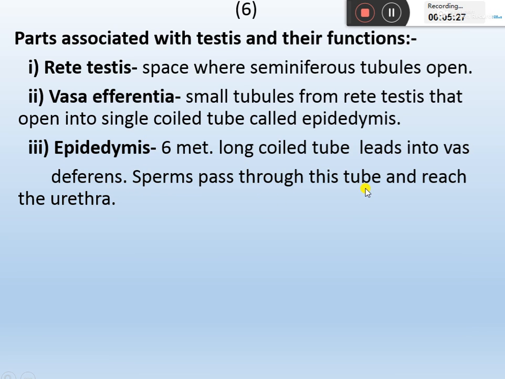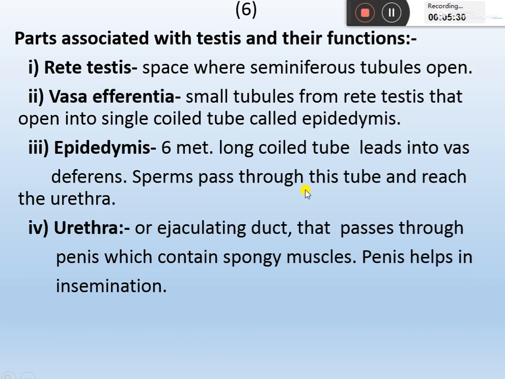Sperms pass through this tube and reach the urethra. The urethra is an ejaculatory duct that passes through the penis. It contains spongy muscles with a large supply of blood, and the penis helps in insemination or copulation.